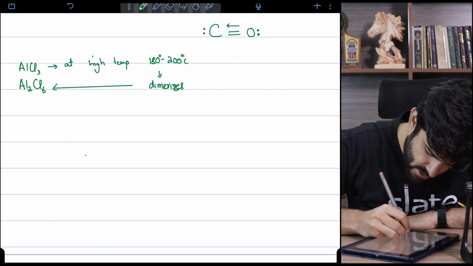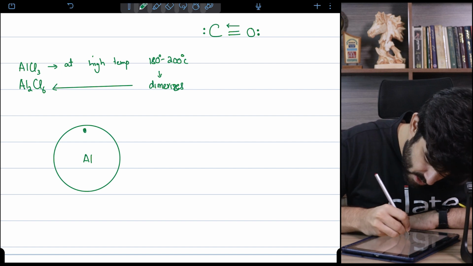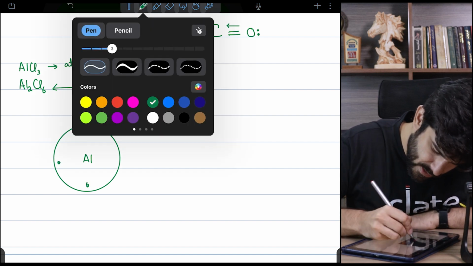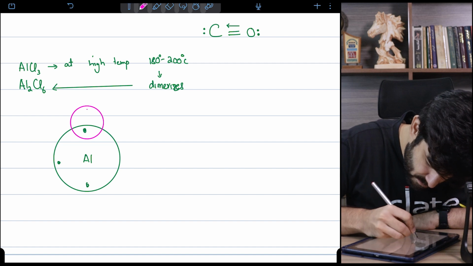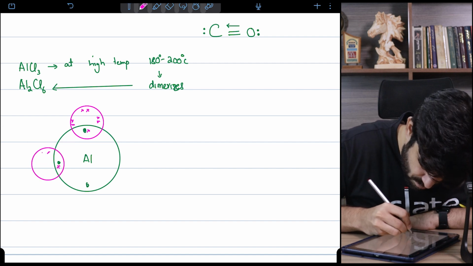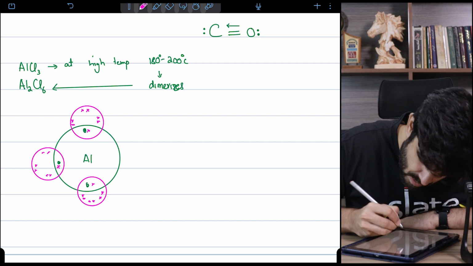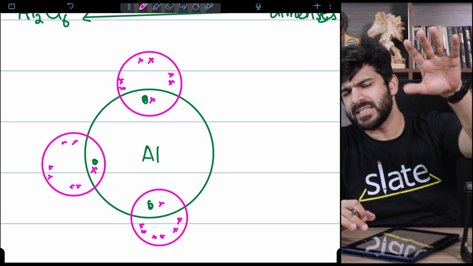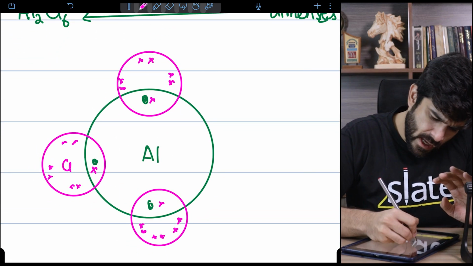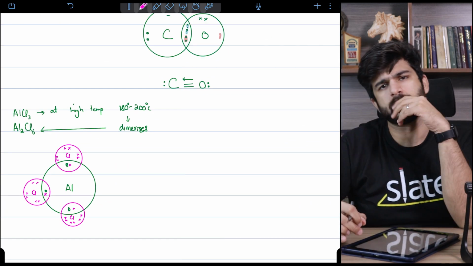Let's see. Al group 3. 1, 2, 3. 3 Cls. What do we see? Aluminum has 6 electrons. Chlorines are full, having 8 electrons each. But aluminum still has a capacity of 2 more electrons.